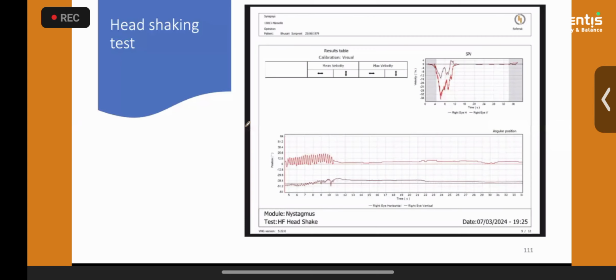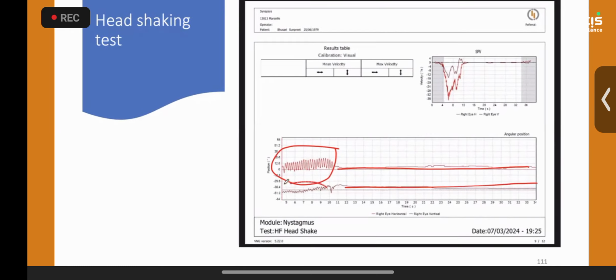We shake the head 20 times, that is 10 seconds. 2 Hertz frequency can be shaken for 10 to 20 seconds, and then you can see the beautiful graph, the head shaking graph is here, and you can see the horizontal trace and the vertical trace, and you can see there is horizontal head shaking, not vertical.